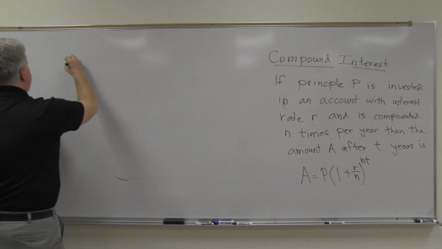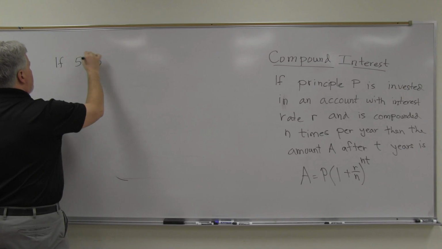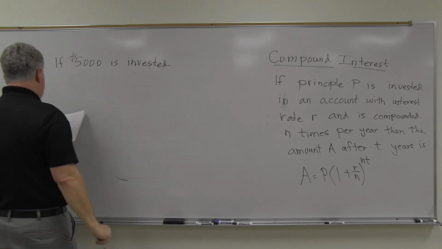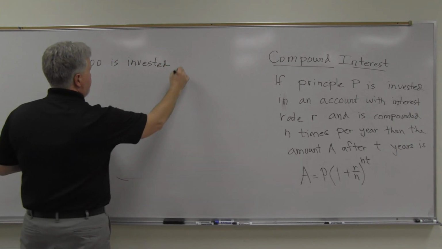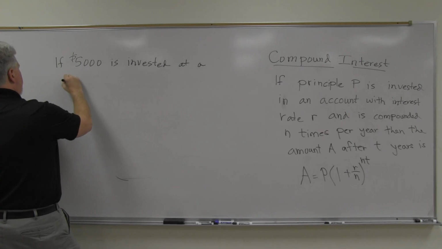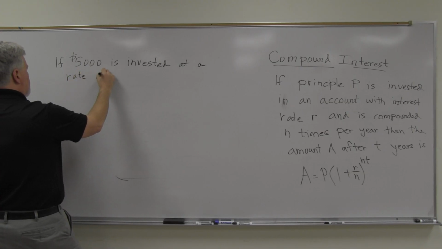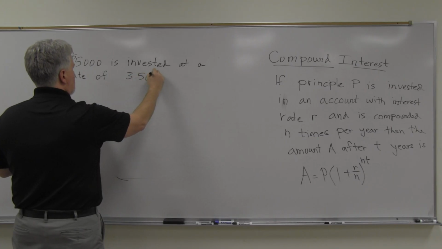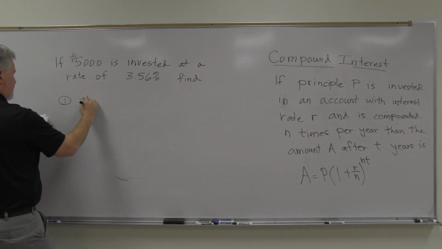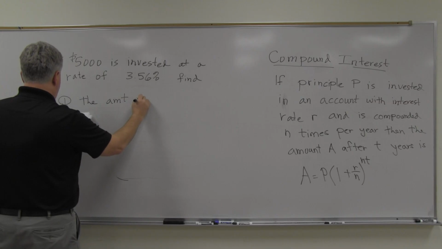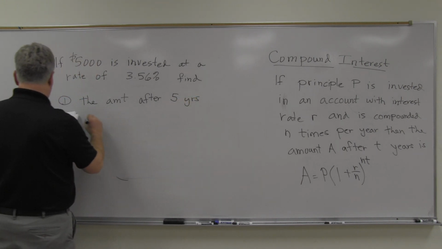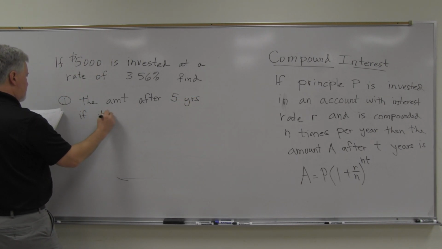All right. If $5,000 is invested at a rate of 3.56%, find, number one, the amount after 5 years if it is compounded quarterly.